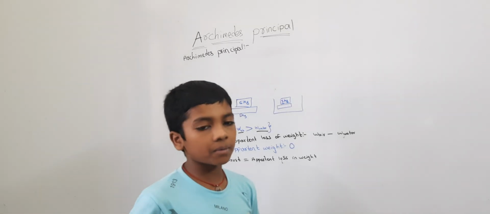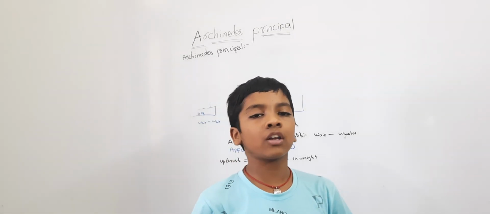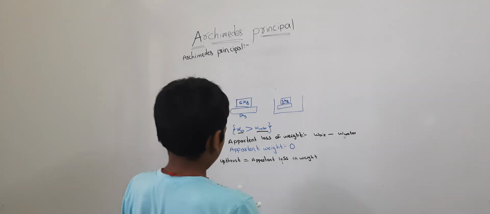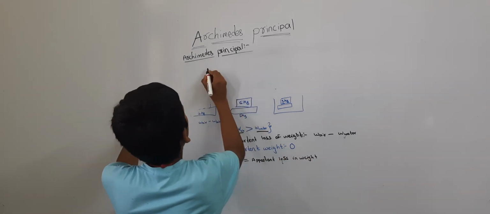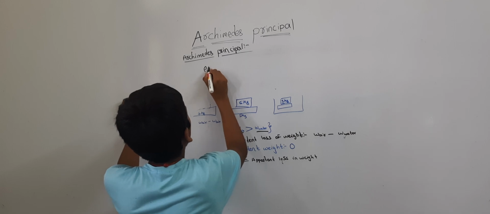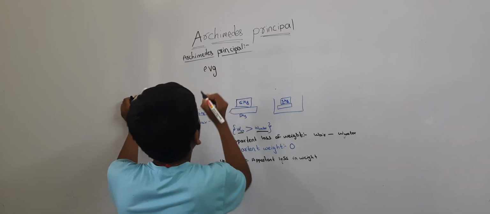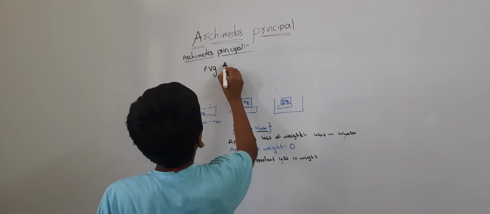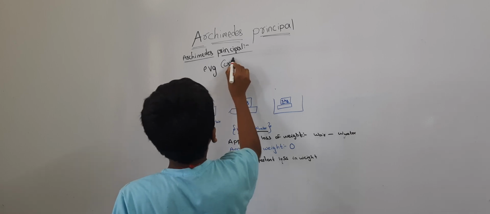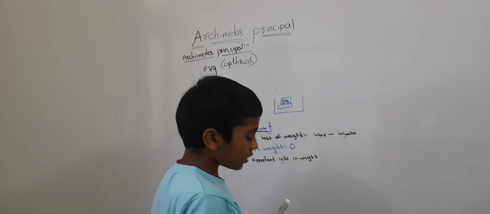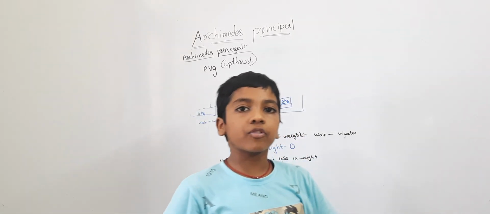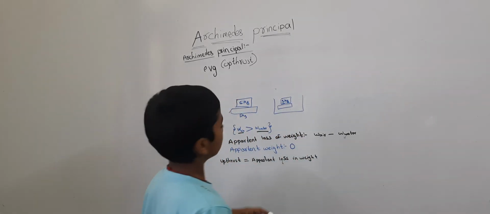Archimedes principle is also used to calculate the upthrust. What is the formula of Archimedes principle? Rho V g. With this formula we can find the upthrust.